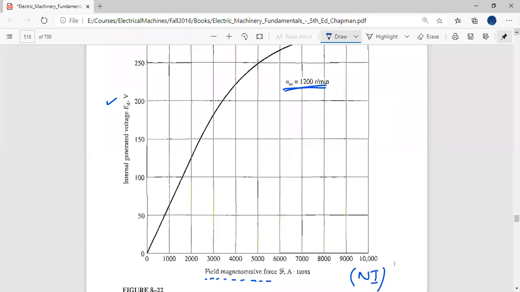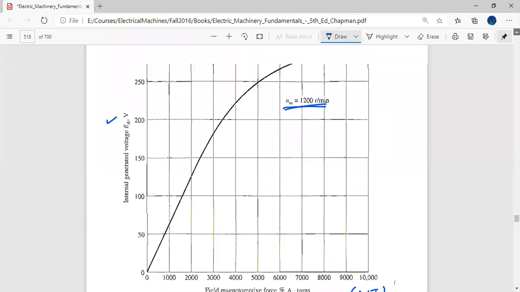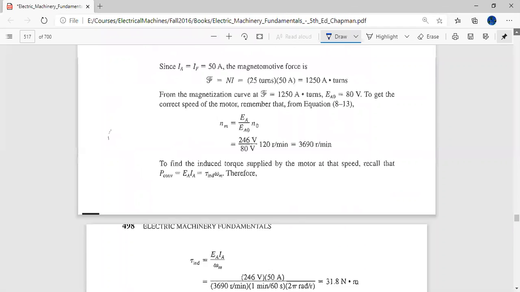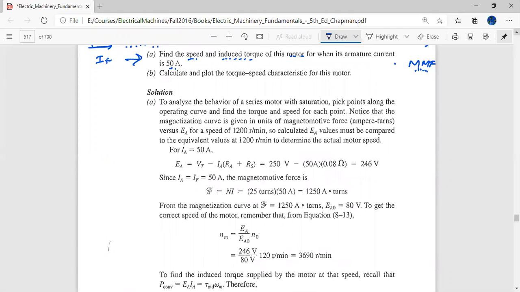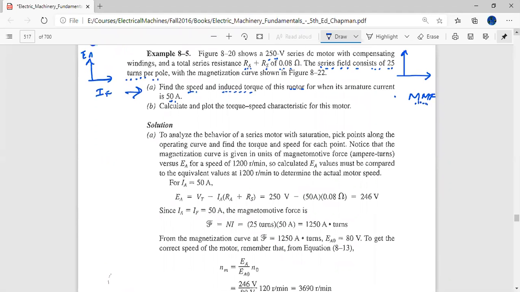So now let's see how we can find the speed and the induced torque of this machine when the armature current is 50 amperes. For 50 amperes, we use our KVL relationship: VT is equal to EA plus this gadget. So if we make EA the subject, it is VT minus this gadget.